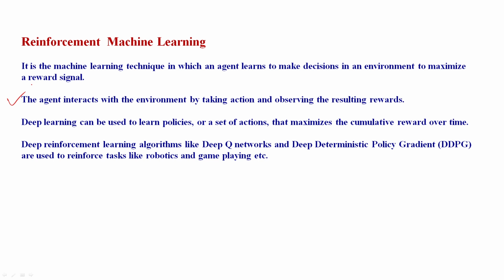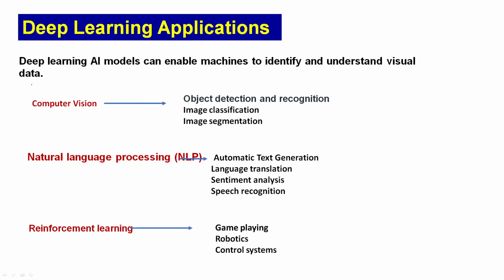Okay. So, let me explain in a much better way. Agent-based learning allows you to create games and robotics. A robot you can control, and you can even control the control systems.